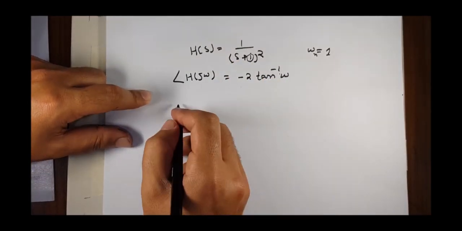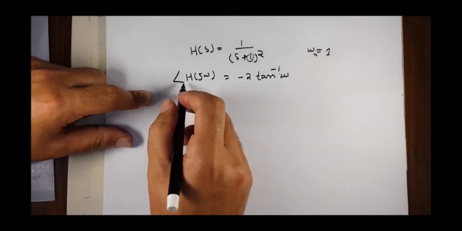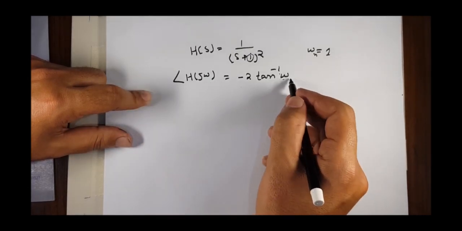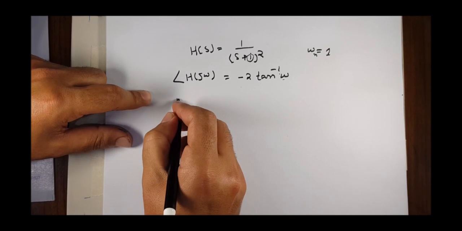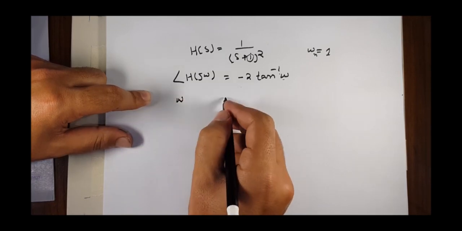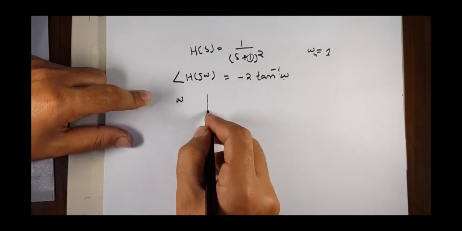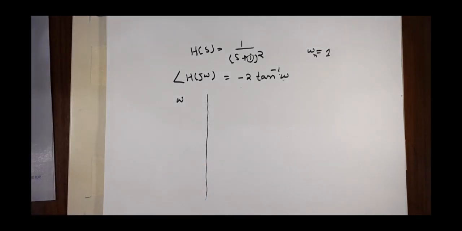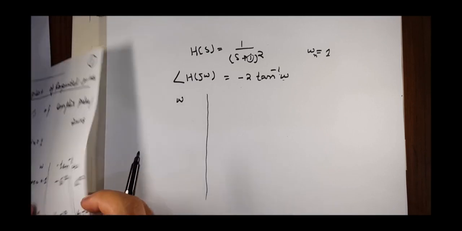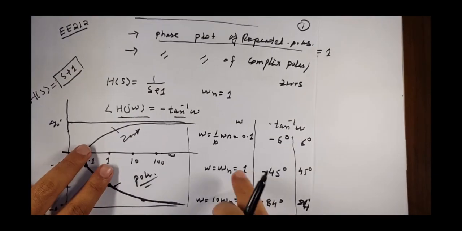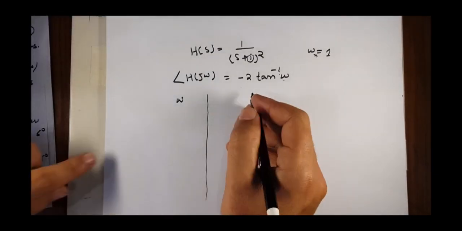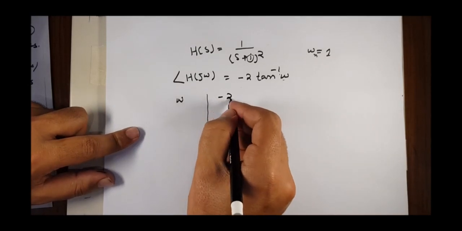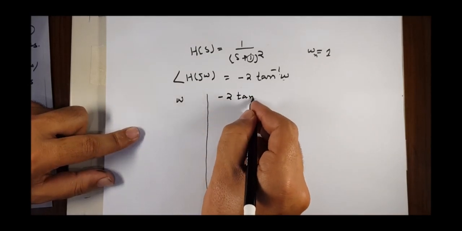Now we need to plot this phase with respect to omega. Again we are interested only in 3 frequencies, so we form the table which we drew in our previous case. So this was our previous case, and now we draw this table again for repeated poles.